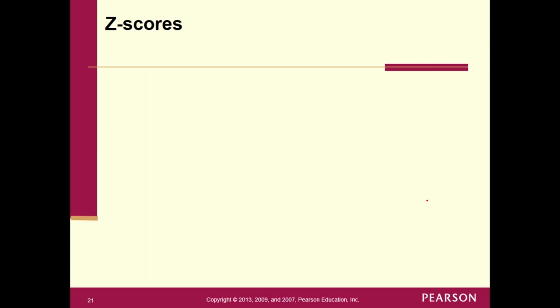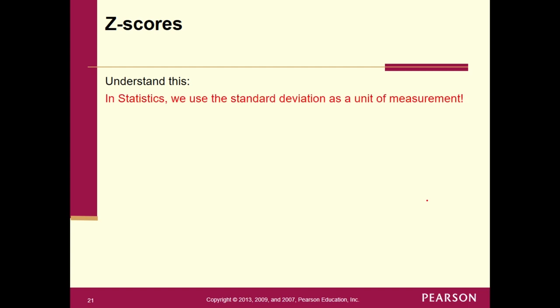So now, there's something that I need you to understand, which is an important concept in statistics, and it gets glossed over by just about every textbook, and to be honest with you, a lot of professors. I'm going to try to spell this out for you. In statistics, we use the standard deviation, believe it or not, as a unit of measurement.